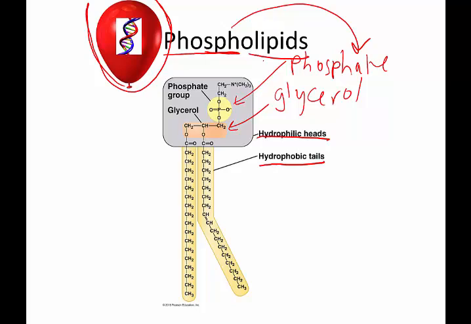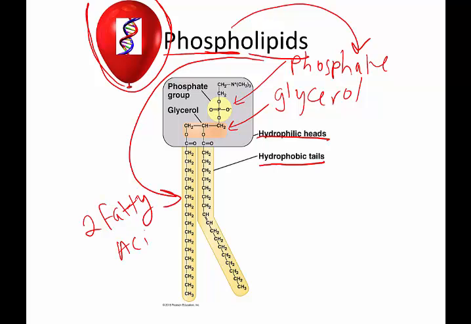The lipid group actually refers to the fatty acid tails we have here. As opposed to triglycerides having three fatty acid tails, remember tri, three, here phospholipids only have two fatty acid tails. And the more technical term for tails is chains.